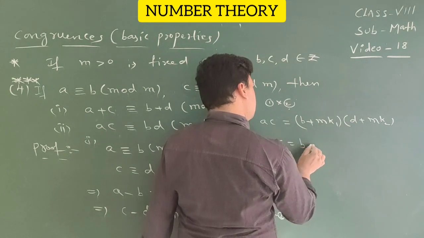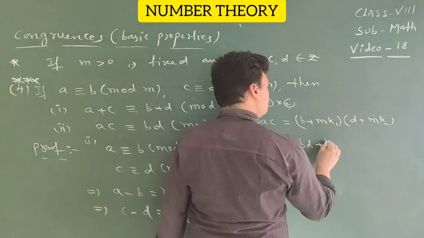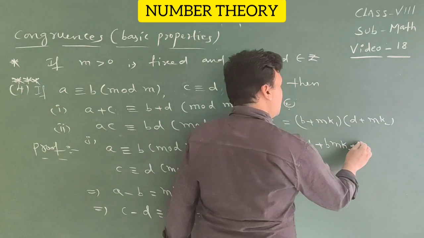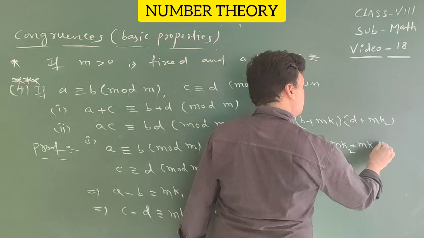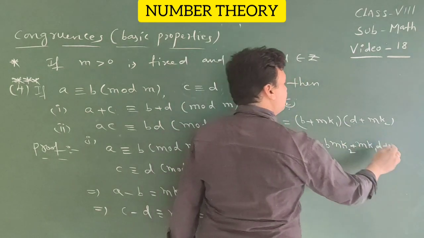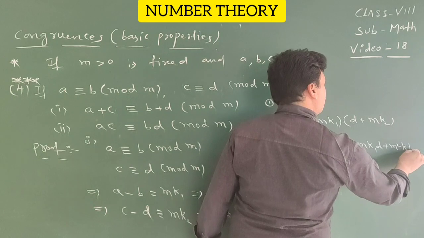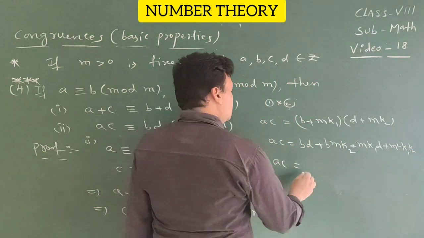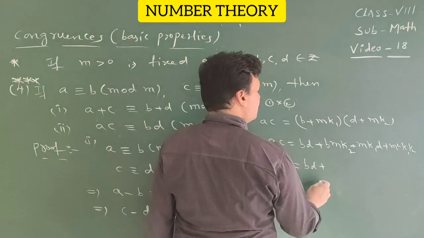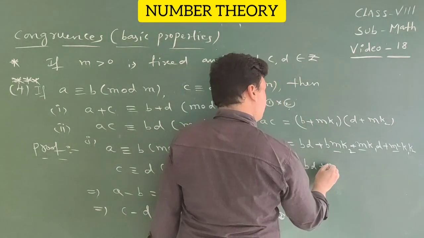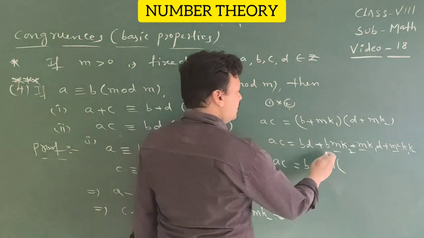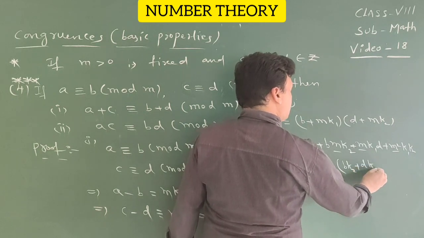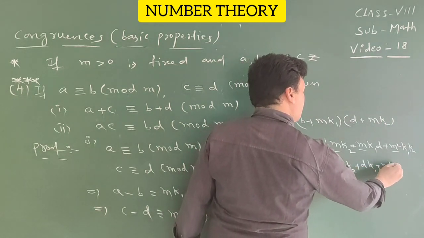Now AC equals BD plus B times M k2 plus M k1 times D plus M square k1 k2. Now AC equals BD plus, taking M common, M times B k2 plus D k1 plus M k1 k2.